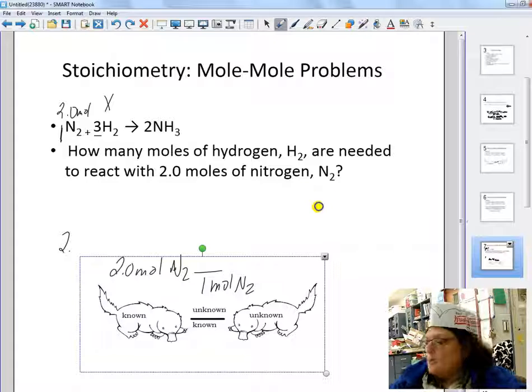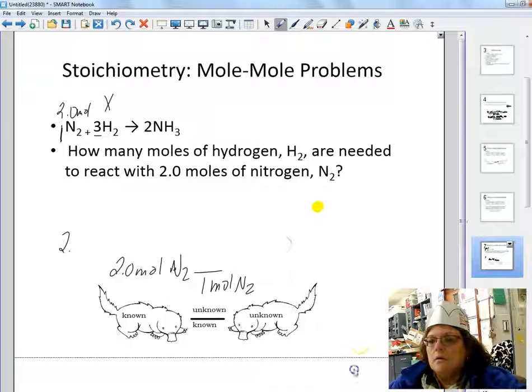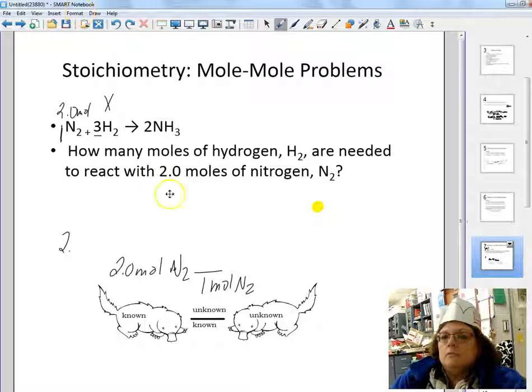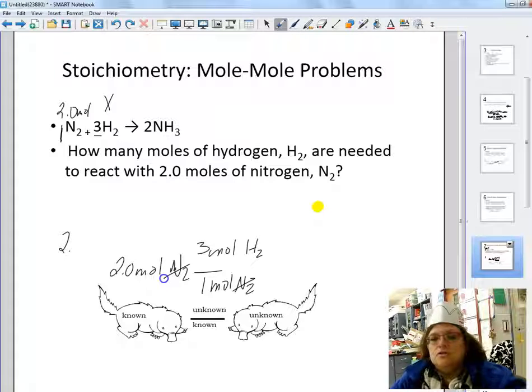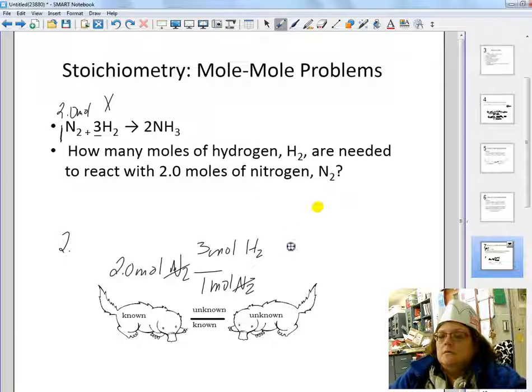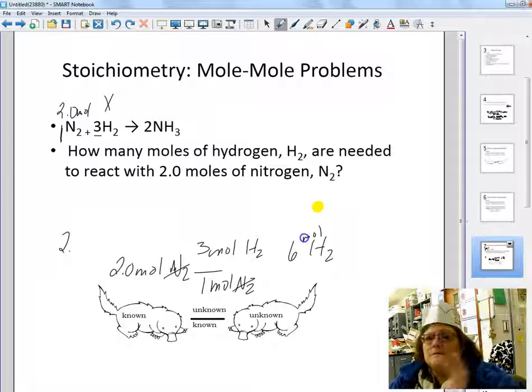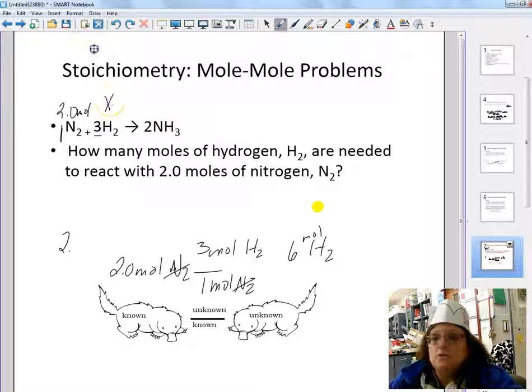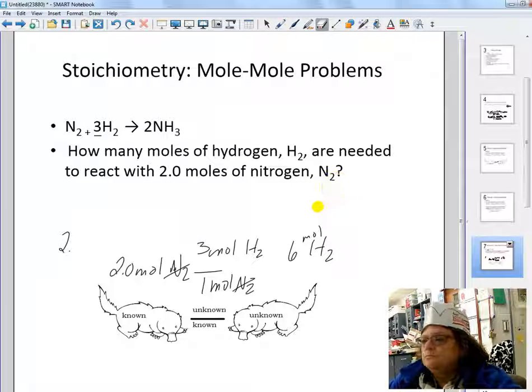And what goes in the top? 3. My nitrogens will cancel, and I need 6 moles of hydrogen. And you say, well, that's silly. You just multiply it by 2, right? Well, yeah, that's essentially what we've done. We've multiplied it by 2.